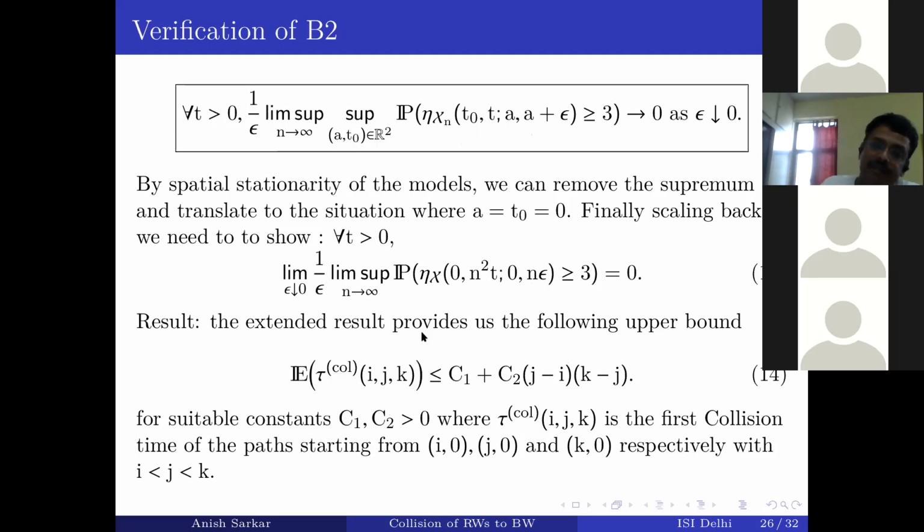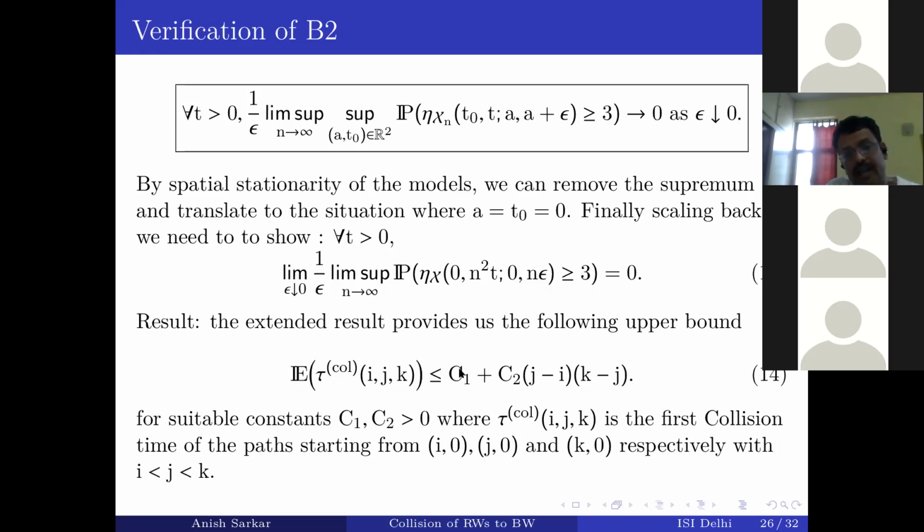And the result that we have stated can be proved: the collision time, if we start from three paths, I0, J0 and K0, we can show that it is bounded by exactly a similar kind of thing, C1 times C2.